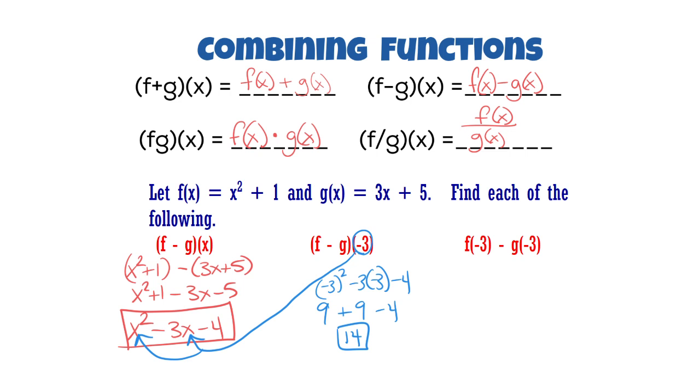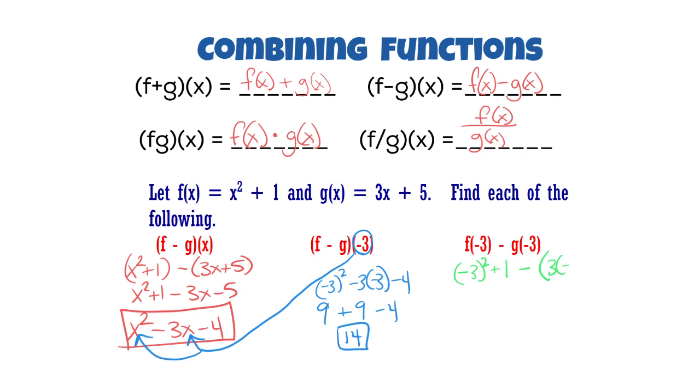Ultimately, what I'm doing is putting a negative 3 into the f function and negative 3 into the g function and then subtracting. That's what this is saying. So I did it right here. Let's check it out. If I do f of negative 3 minus g of negative 3, let's give it a shot. If I put negative 3 into the f function, I'm going to have negative 3 squared plus 1, minus the whole thing here, plug negative 3 into the g function.